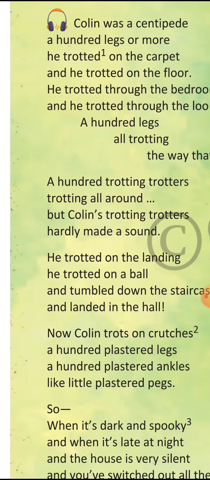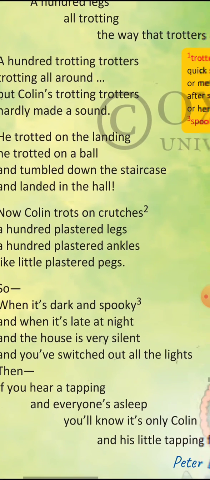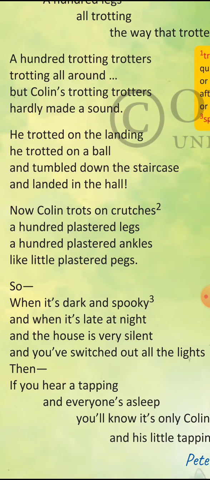Moving on the landing, then the centipede trotted on a ball and rolled down the staircase and landed in the hall. Is it clear? Now, Colin trots on crutches, 100 plastered legs, 100 plastered ankles like little plastered pegs.